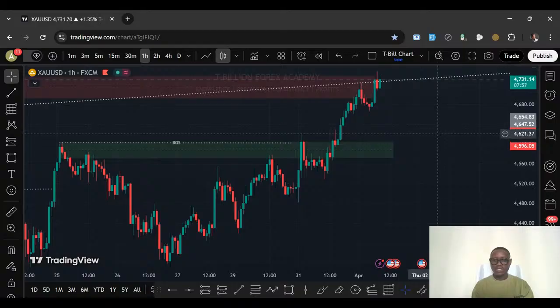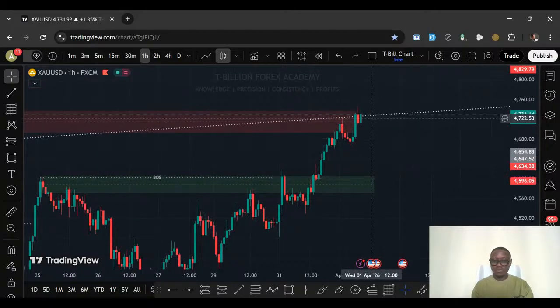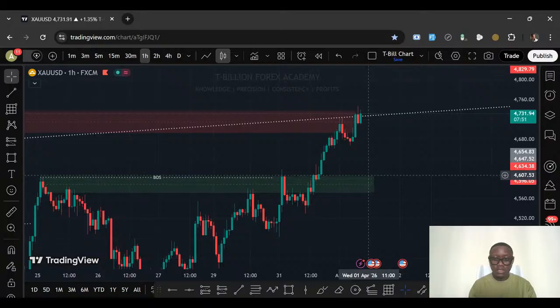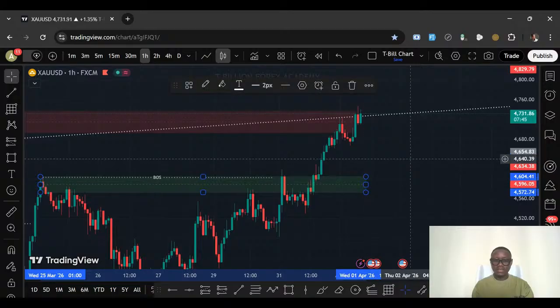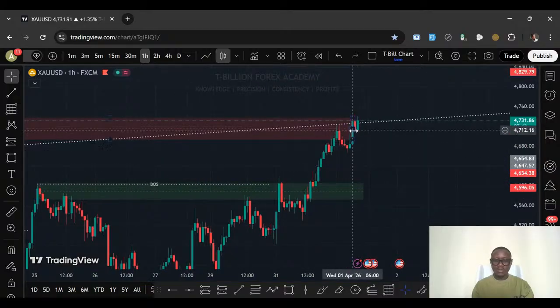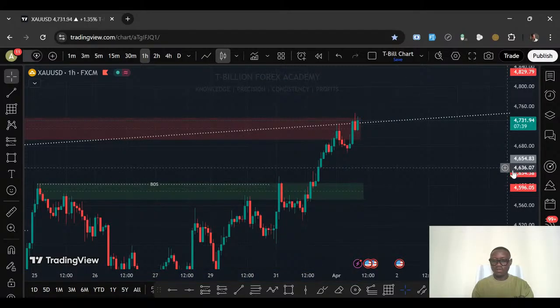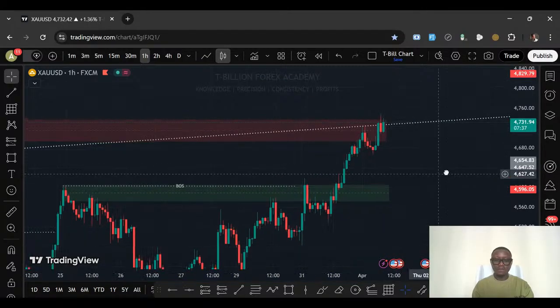Then we'll sell gold to the downside and take our profits at this point. But anything beyond this, we are not selling. But again, we'll continue to observe price action at this zone. If we get a reversal pattern, then we'll take our sell.